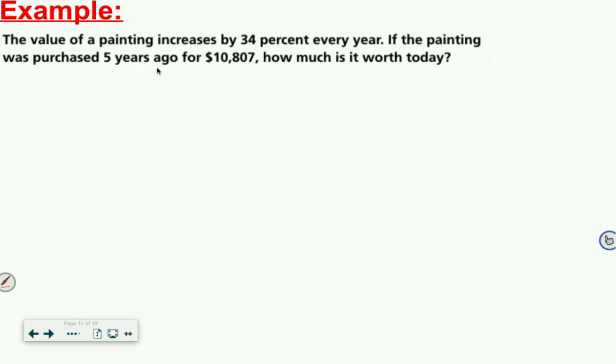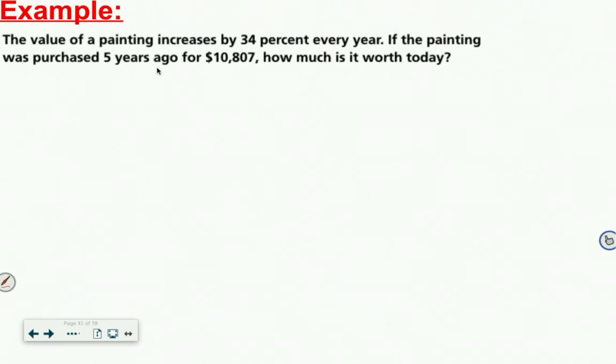This is the next question. The value of a painting increases by 34% every year. If the painting was purchased 5 years ago for $10,807, how much is it worth today?